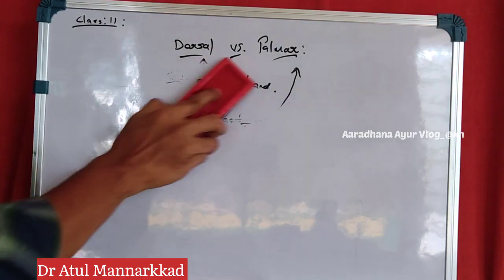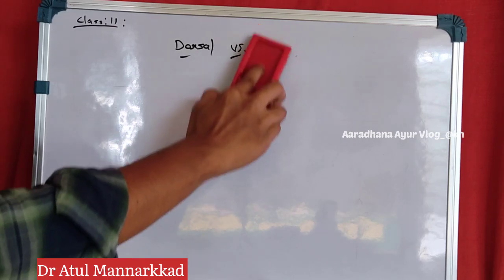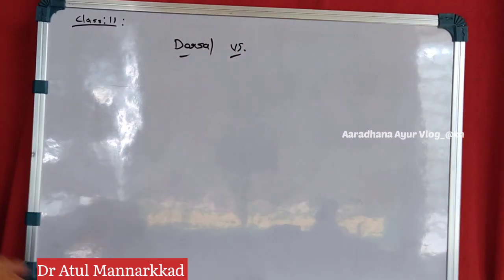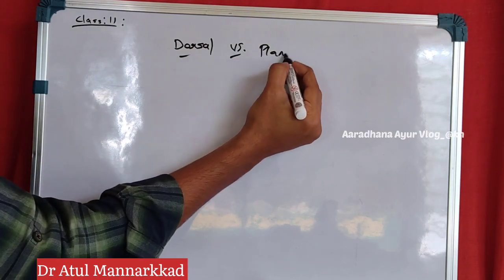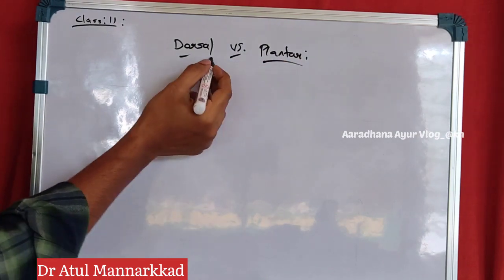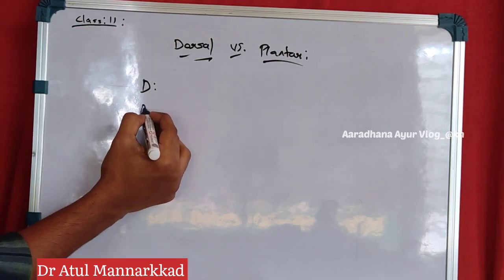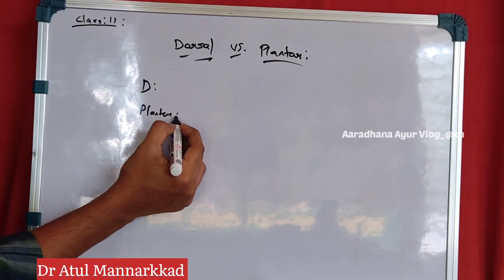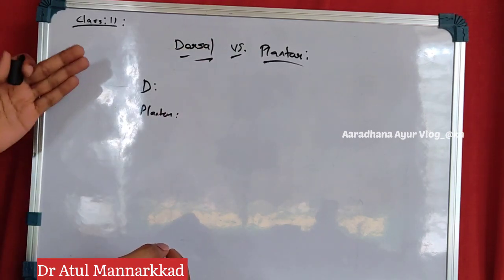And the next one: this is of the hand, that is where we use the word palmar. When we speak regarding the foot, we call it plantar. So same, dorsal versus plantar. What is dorsal?